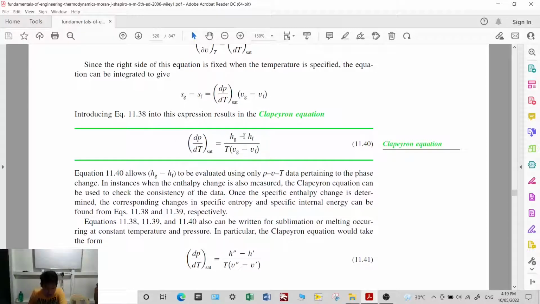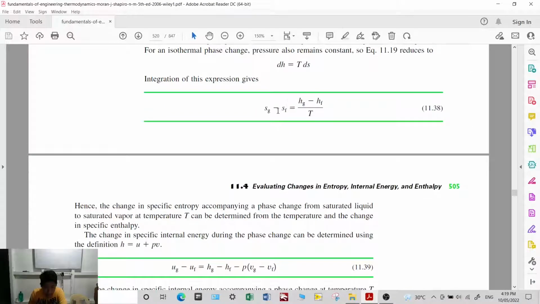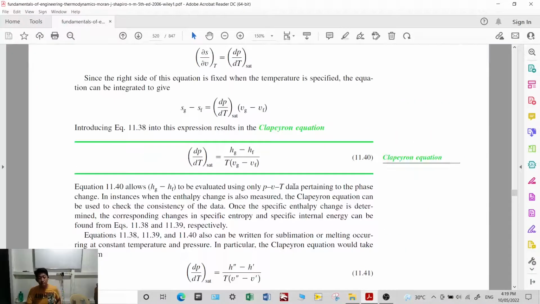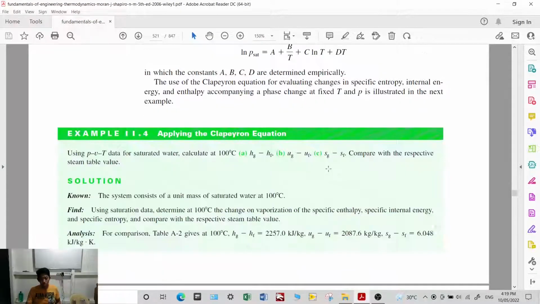So you just plug in here and you get this. And also this one. So that is for a substance undergoing phase change.